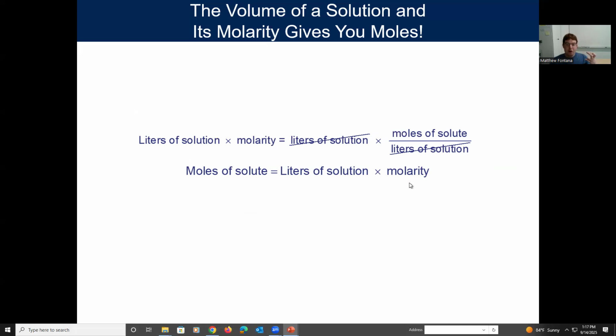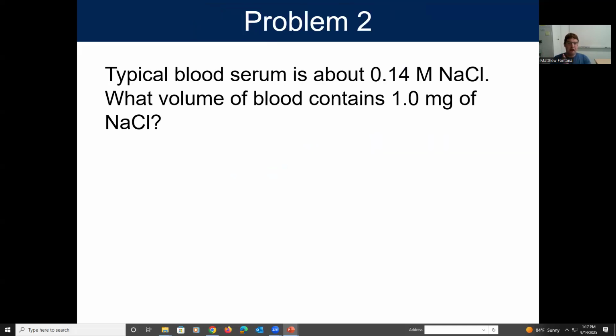So if I know the volume of my solution in liters, and I know its concentration in molarity, I can calculate however many moles of solute I have. So that's one important thing to point out to you.